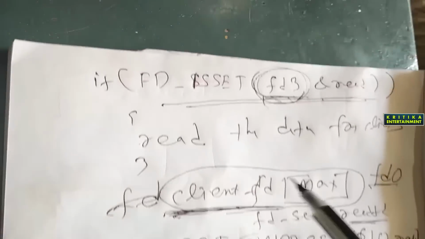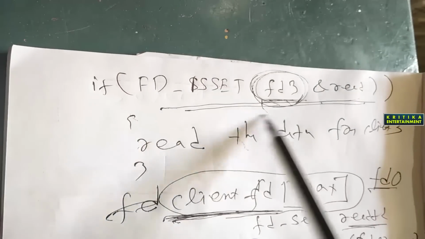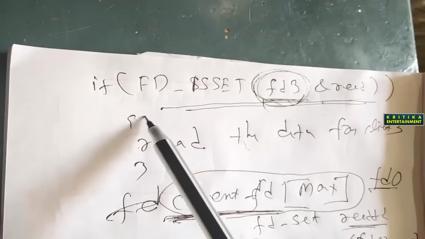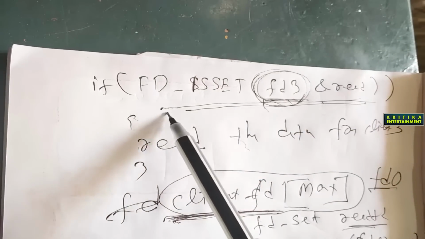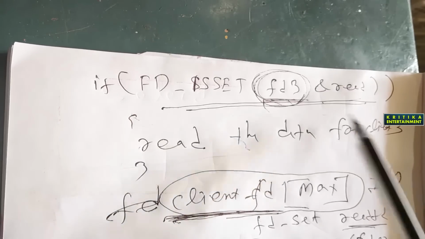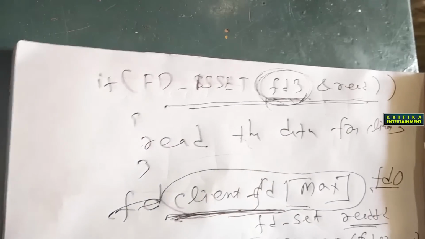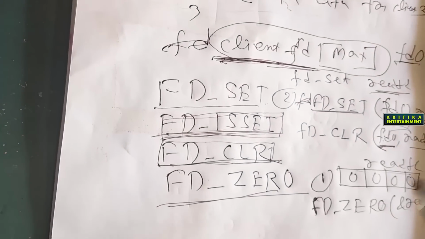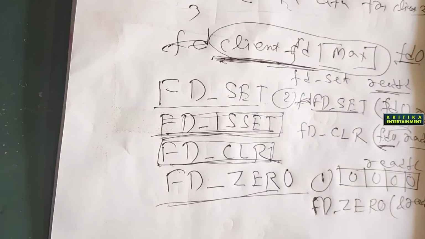Like this I have told you. You can go back in the video some time and check the line I have told. These are the functions I have used in IO multiplexing.